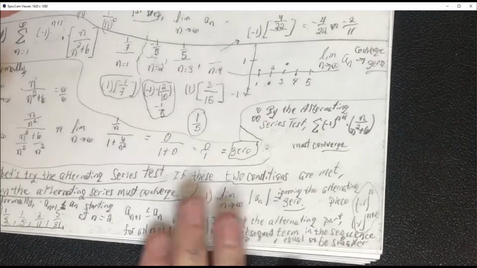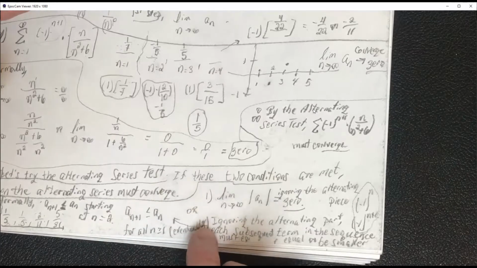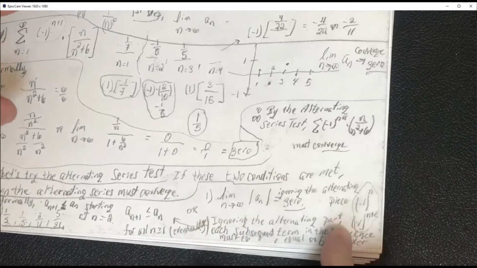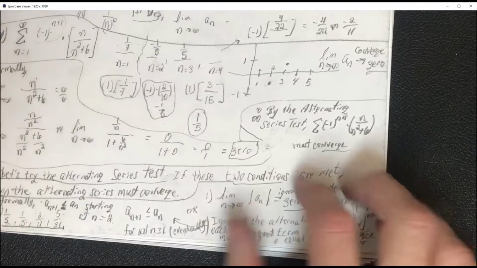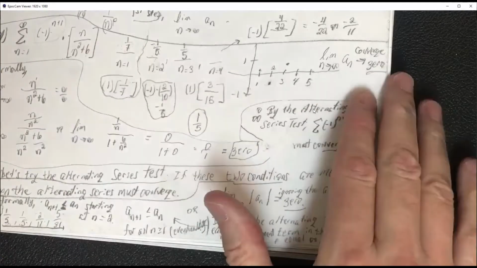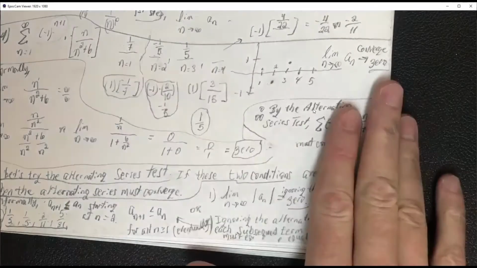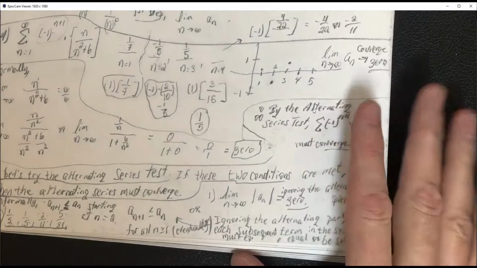It's saying that as long as these terms eventually become smaller or equal to the one in front of it, then these two conditions are met, and therefore the whole series, starting with the first term, will converge towards a single sum. Does that make sense?